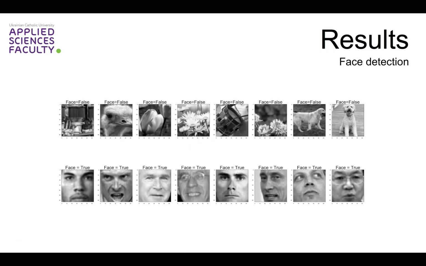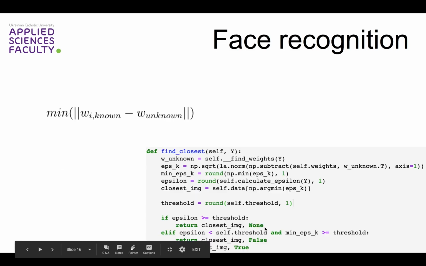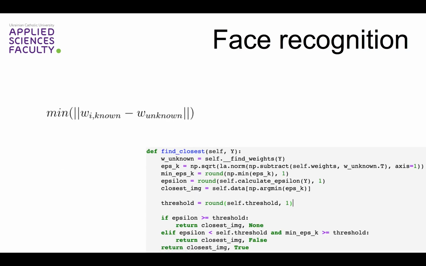So now we can see the result of the solution. We separated the images containing faces from the images containing other kinds of objects. As for face recognition, the approach is: if the minimal difference between unknown and known images is less than the threshold, then we could state that this image is in storage.